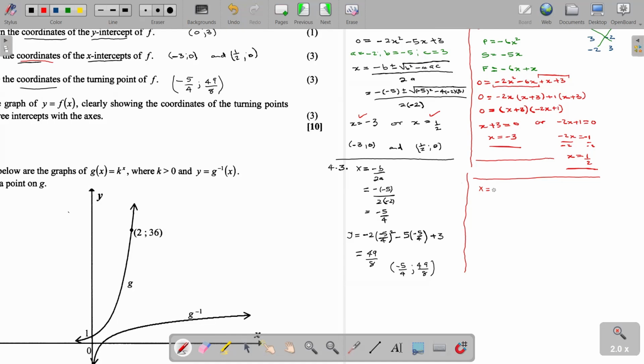We just take the x-coordinates, so it's going to be minus 3 plus a half divided by 2. We can go and verify that using our calculator.